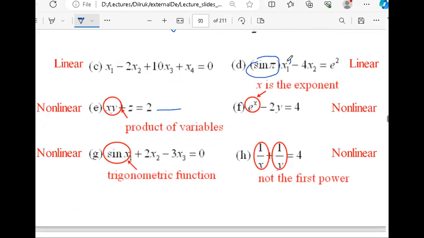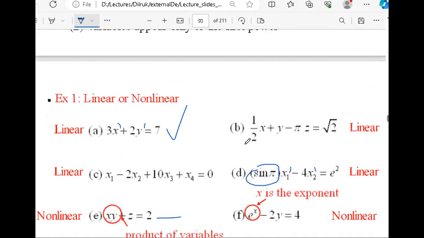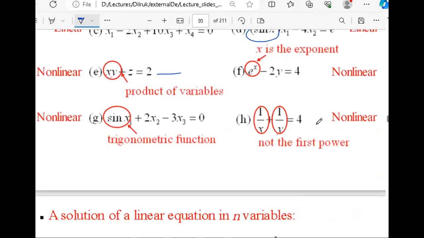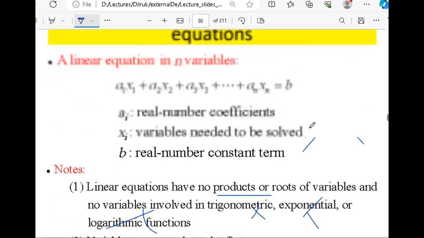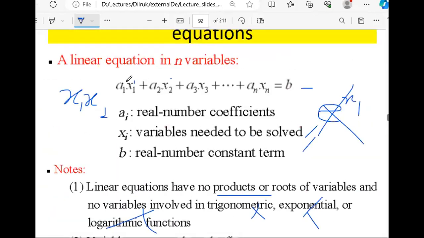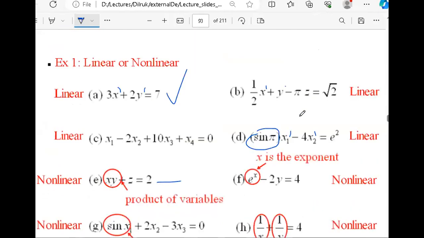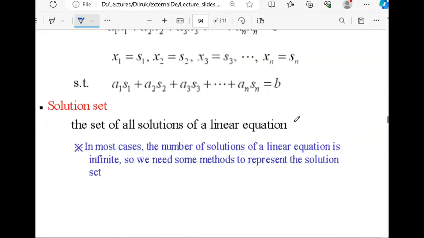Because of that, this equation is linear: a number times your unknown, and the exponent is one. So you can identify whether an equation is linear or non-linear.